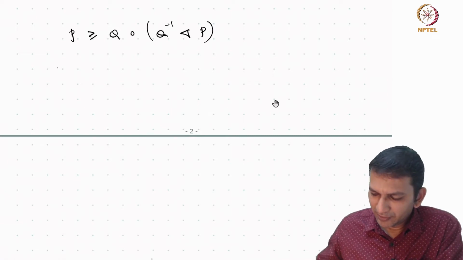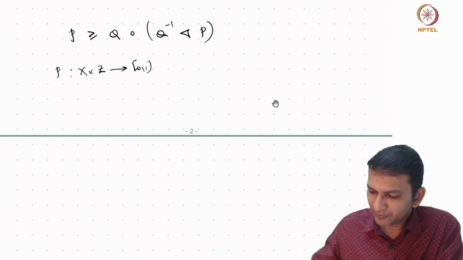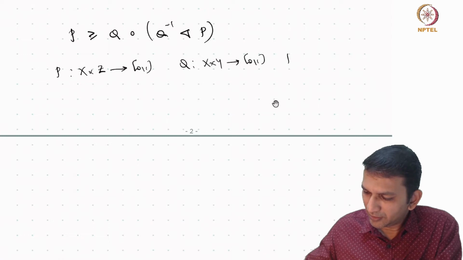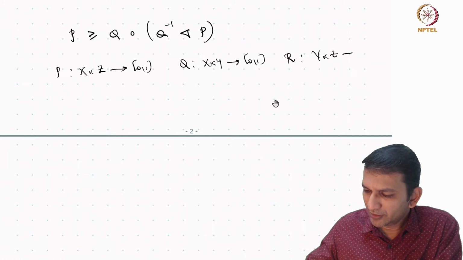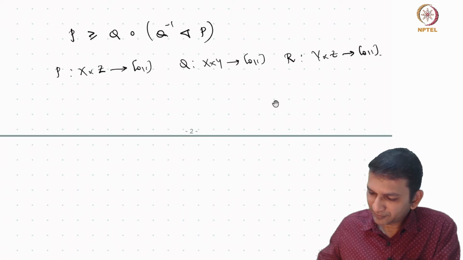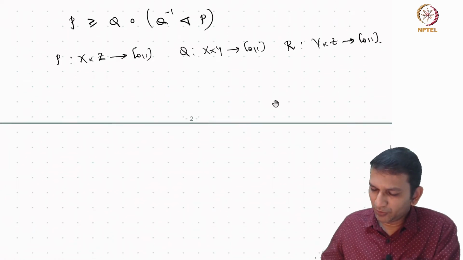This is what we need to prove. Note that P is a function from X cross Z to [0, 1]. Q is from X cross Y to [0, 1]. And R that we consider is from Y cross Z to [0, 1].